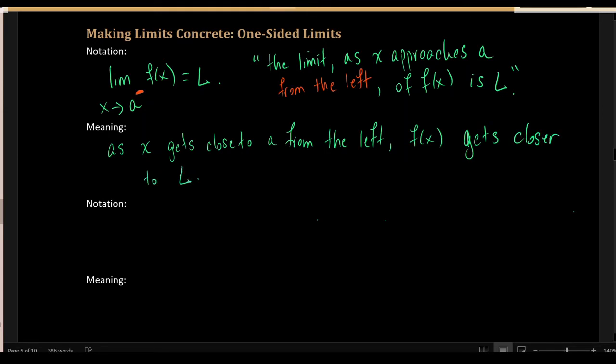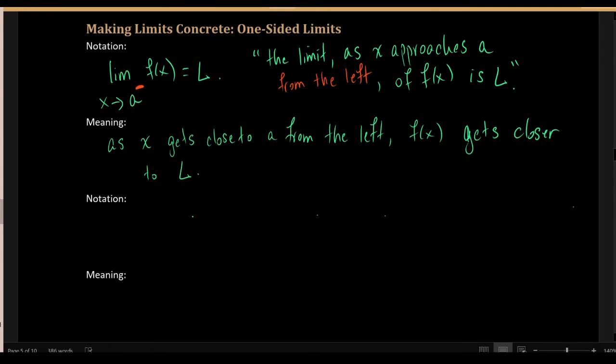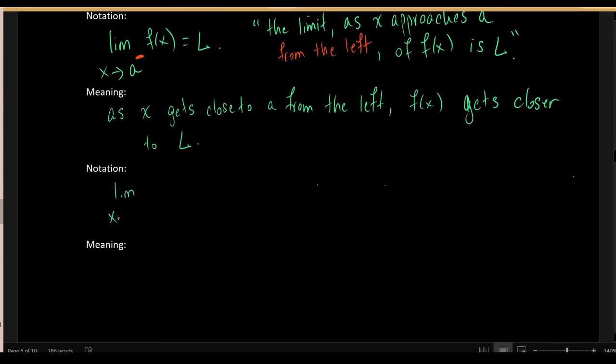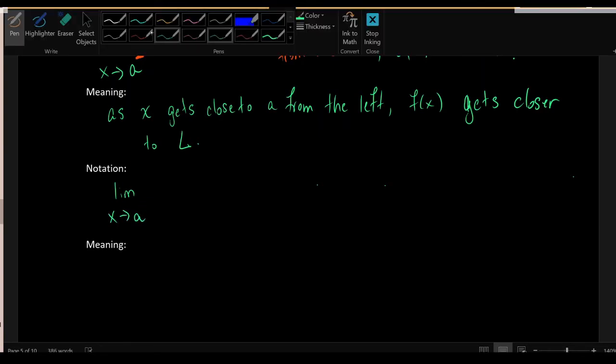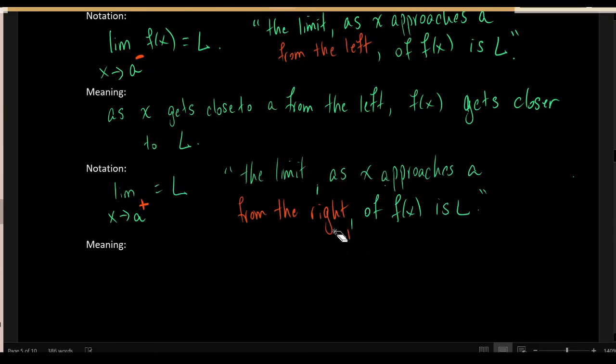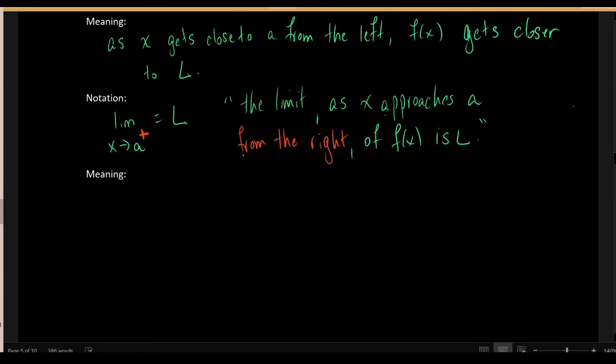Now, corresponding to that, we have notation for a right-sided limit. The notation is almost the same, but instead of a minus sign above the a, we have a plus sign. And this has almost exactly the same meaning as the left-hand limit, except now we're creeping up on x equals a from the right side, from the positive direction, from a plus a little something.